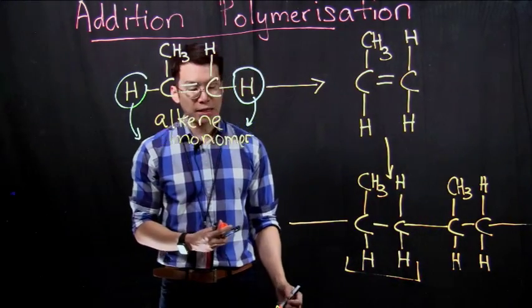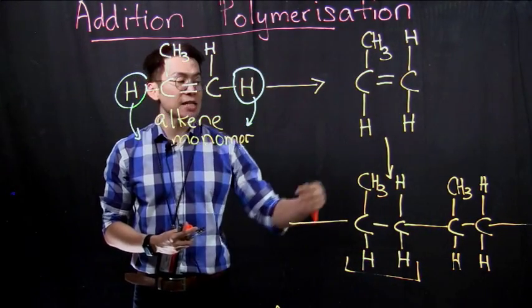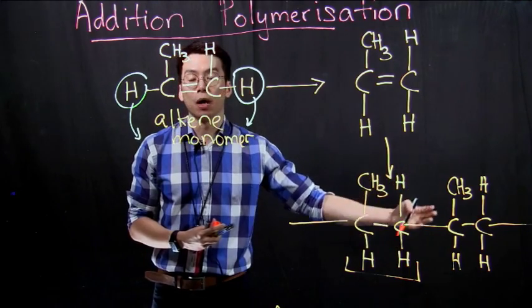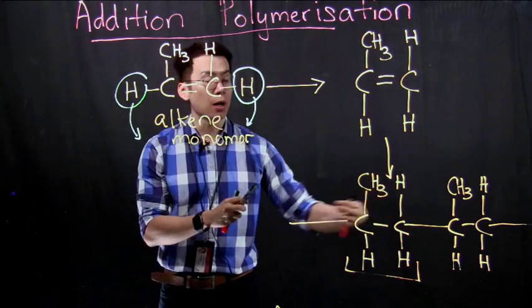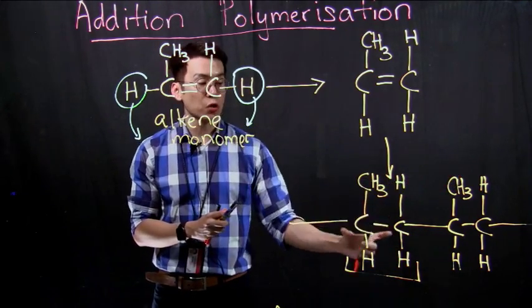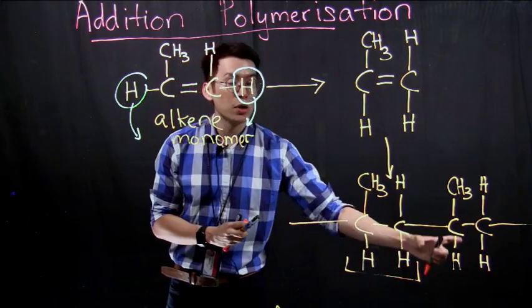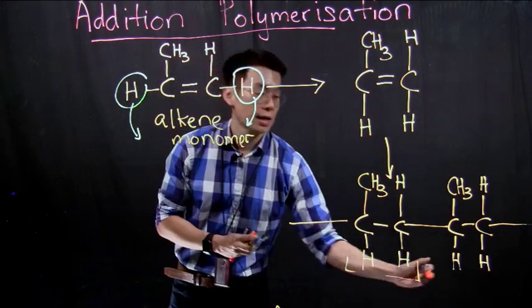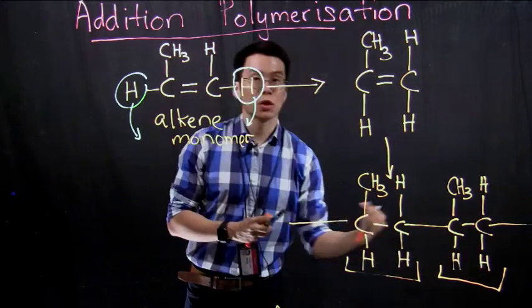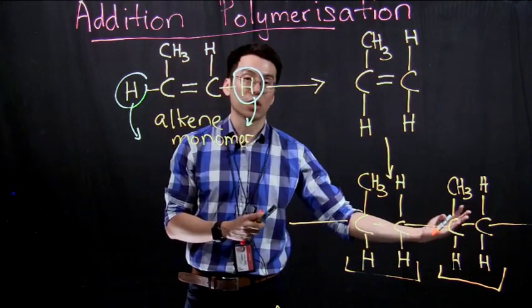So there you have it: this part of a polymer structure is now showing you two repeating units, 1 and 2.